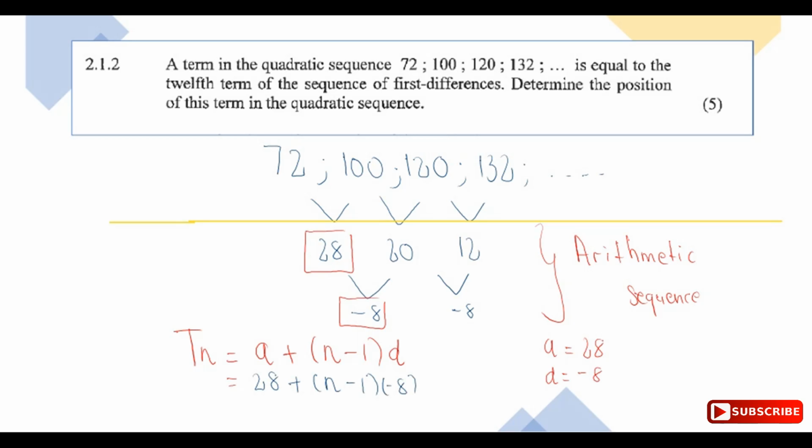Therefore, the formula for the nth term of our arithmetic sequence is Tn equals 28 plus, you can simply move that 8 to the front like that, and then it's going to be (n minus 1). So it's going to be 28 minus 8. I'm going to write it out again, and then we're just going to multiply it out.